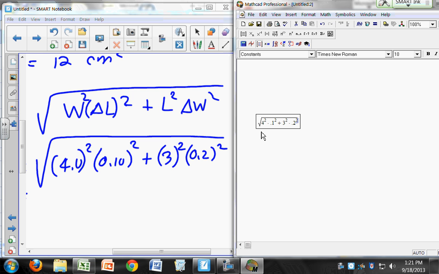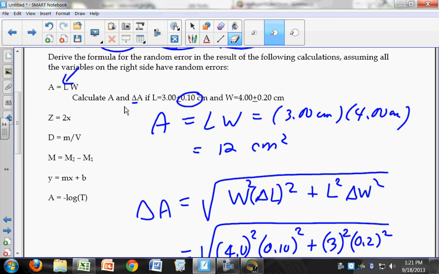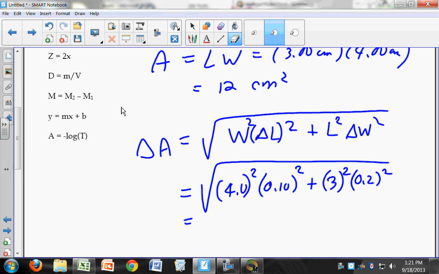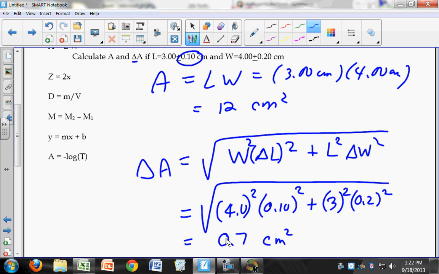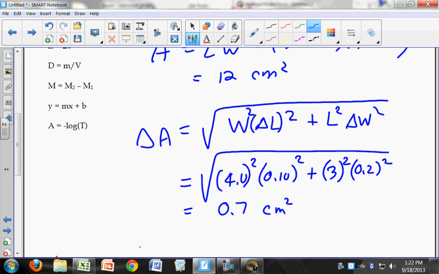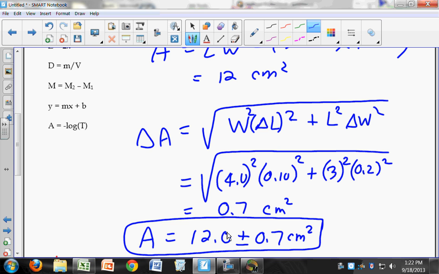Is that 0.2 or 0.02? 0.2. So it's 0.72. It's just an uncertainty, so I'll just keep it at 0.7. This is 0.7 square centimeters. So how should I report my area? Area should be 12.0 plus or minus 0.7 centimeters squared. That's what you have to do.